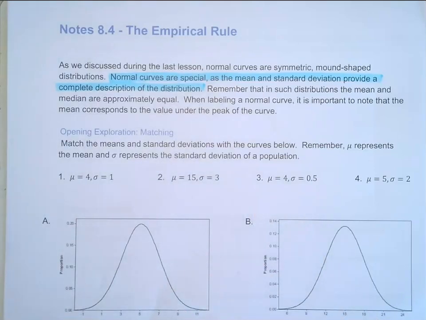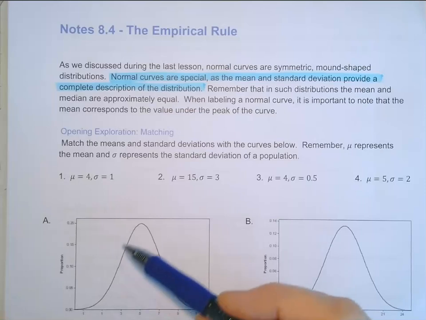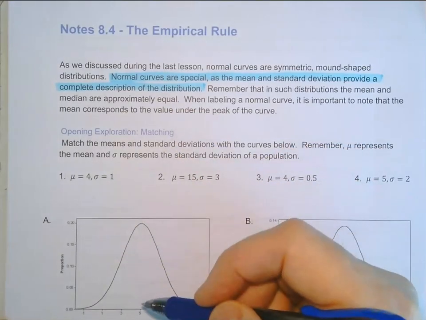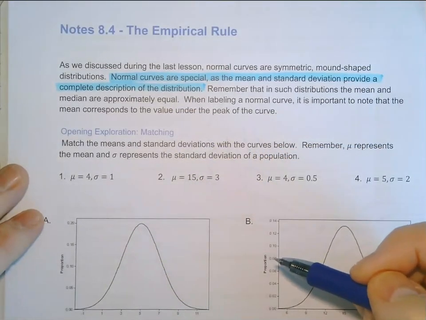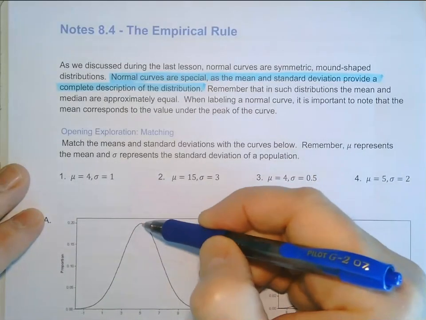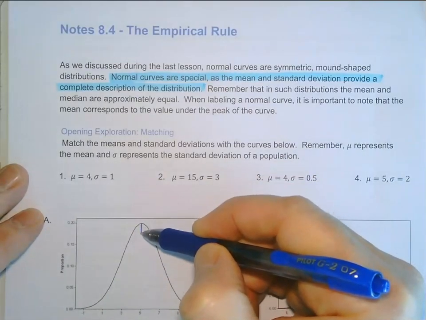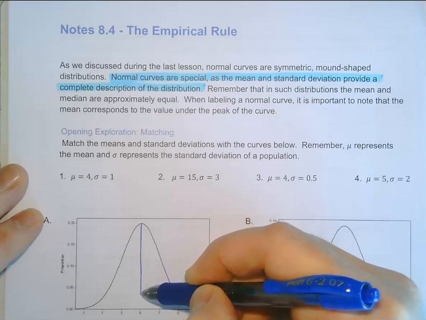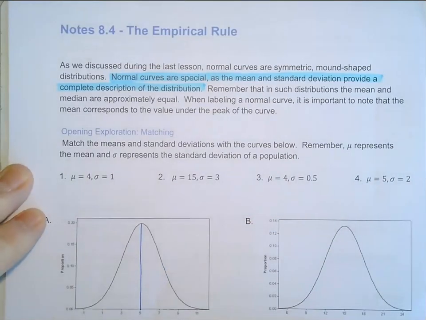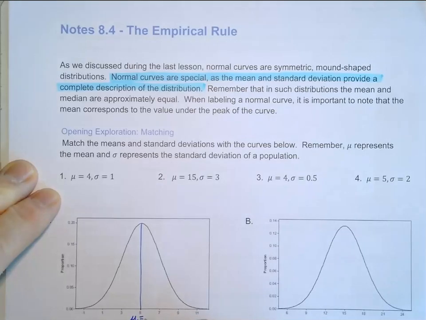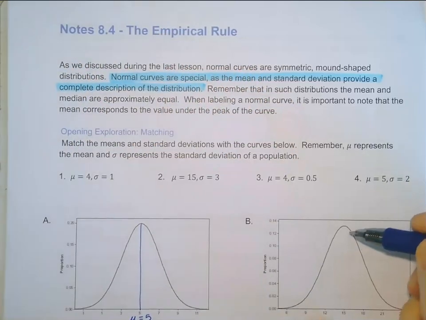Probably the first thing is, remember at the peak of the normal curve is the mean. And so if I were to go down here, this would be the mean, and so this would be mu, is equal to, it looks like 5. And let's do it on this one over here also.